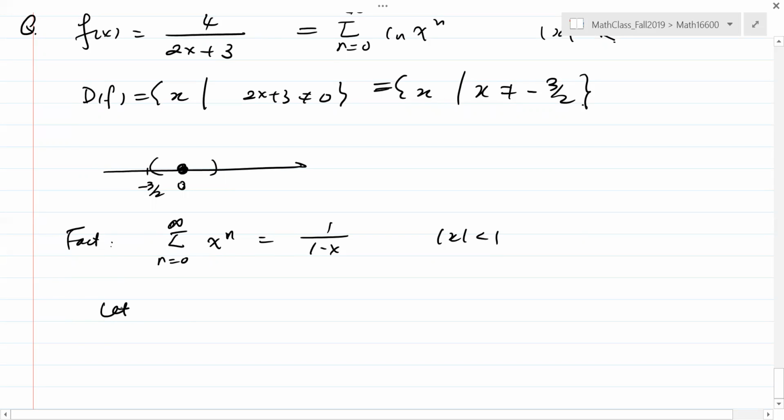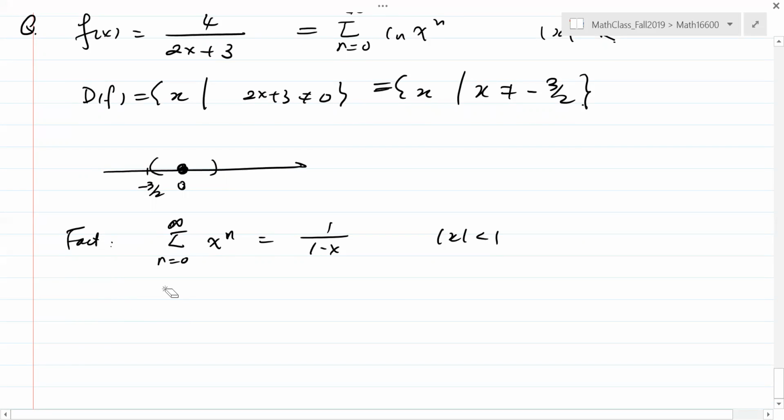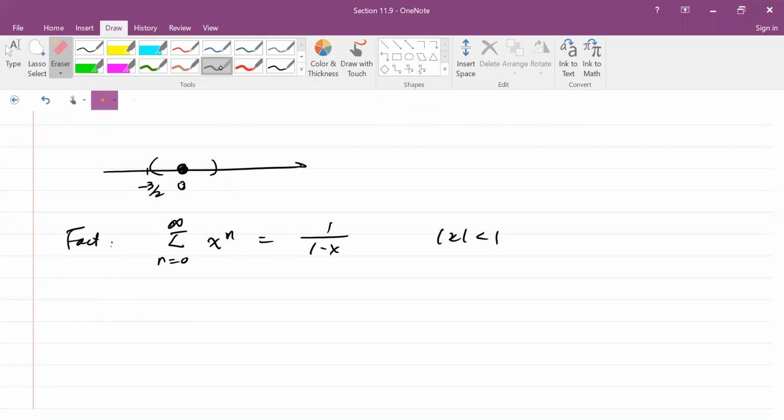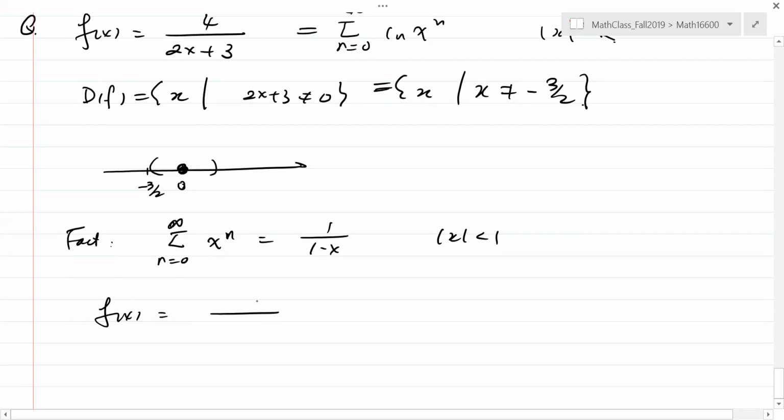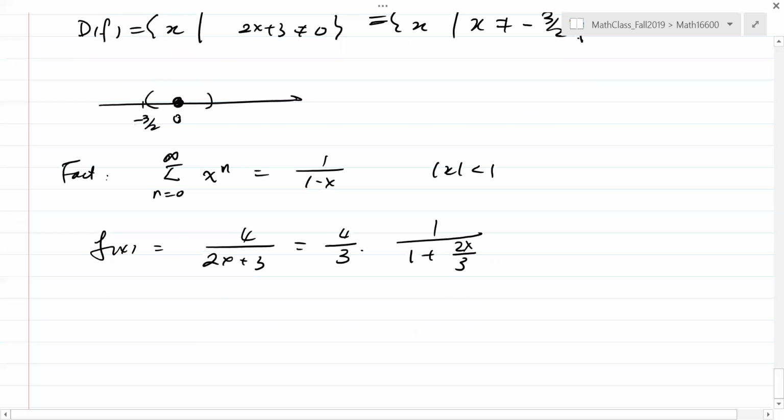Because this is a power series around 0, the origin, I take 3 out, I get 1 plus 2x over 3. It's pretty close, right? I need a 1 minus something in the denominator. That's why I take 3 out.